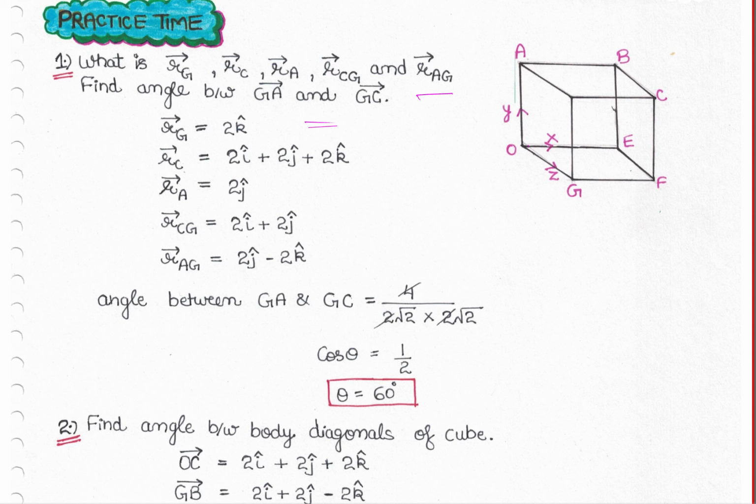Okay, so this is our cube, this is our origin, this is A, B, C, E, F, G, and this is along x-axis, this is along y-axis, this is along z-axis. So RG is equal to 2 k cap, RC is equal to 2 I cap plus 2 j cap plus 2 k cap. So RC is this.